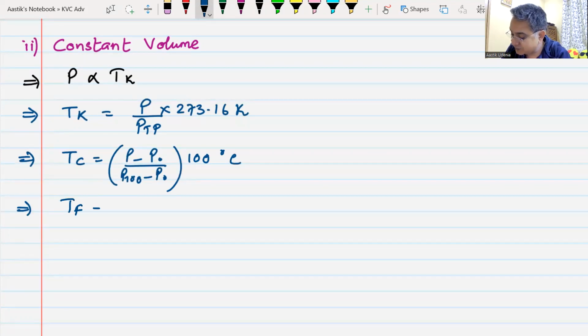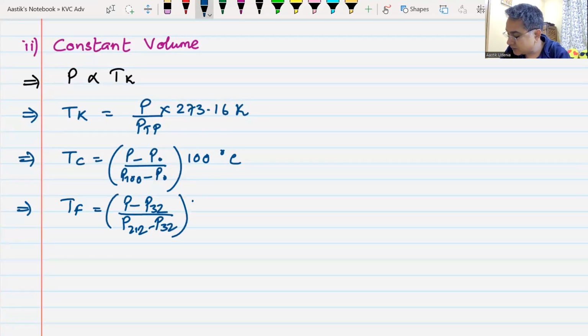In the Fahrenheit scale, (P minus P32) divided by (P212 minus P32), multiplied by 180. Everyone understands this? Yes or no?